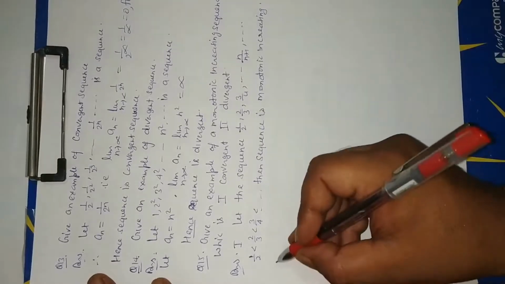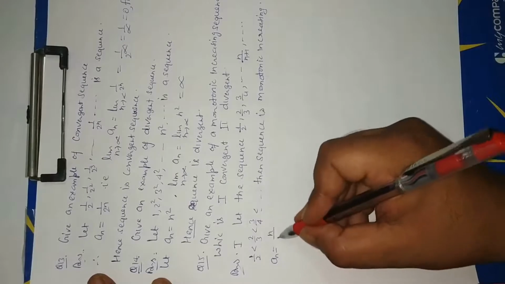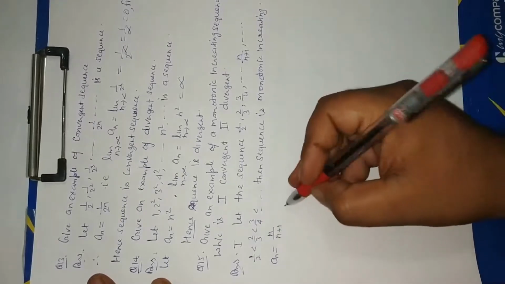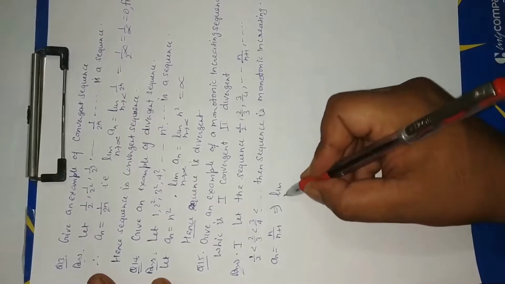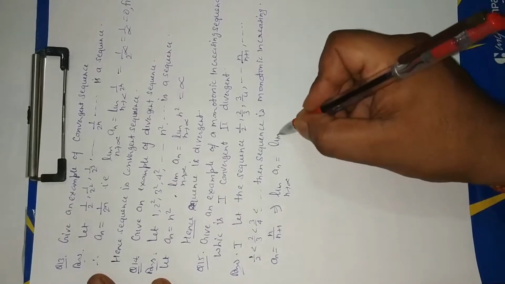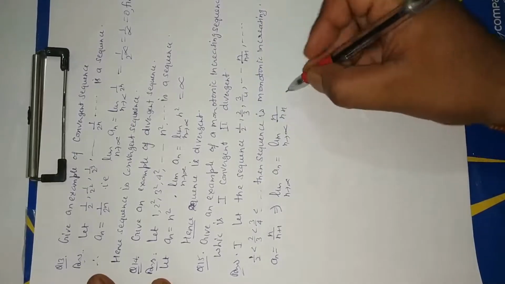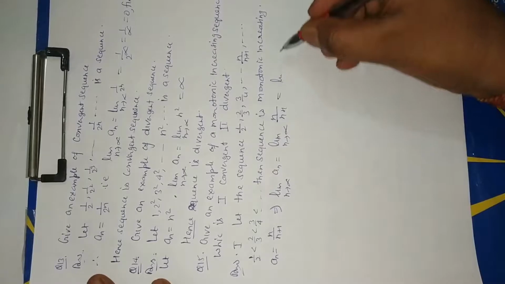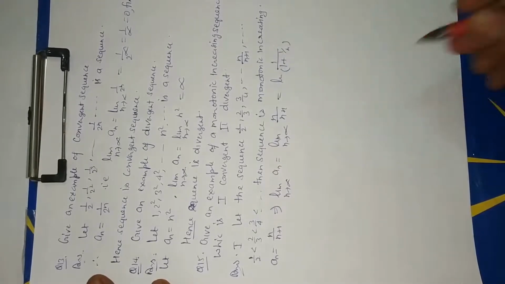We take another term of the sequence, that is n upon n plus 1. Now taking limit n tending to infinity both sides, this is equal to limit 1 upon 1 plus 1 upon n.